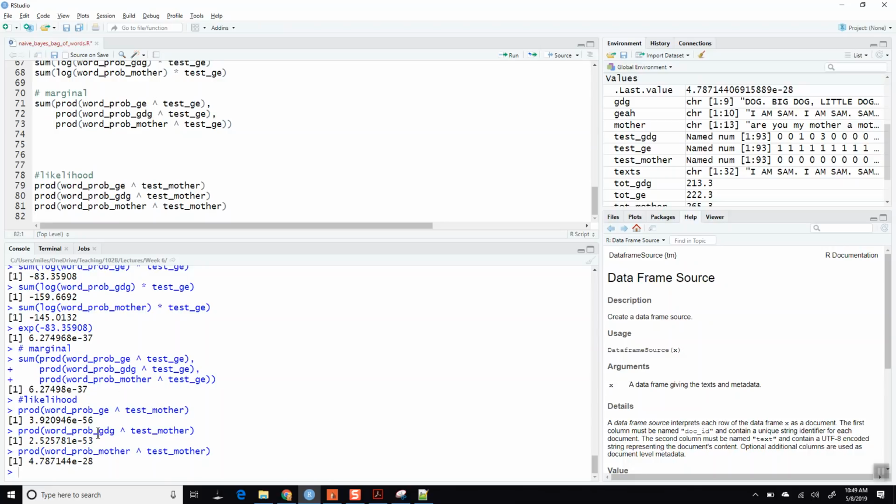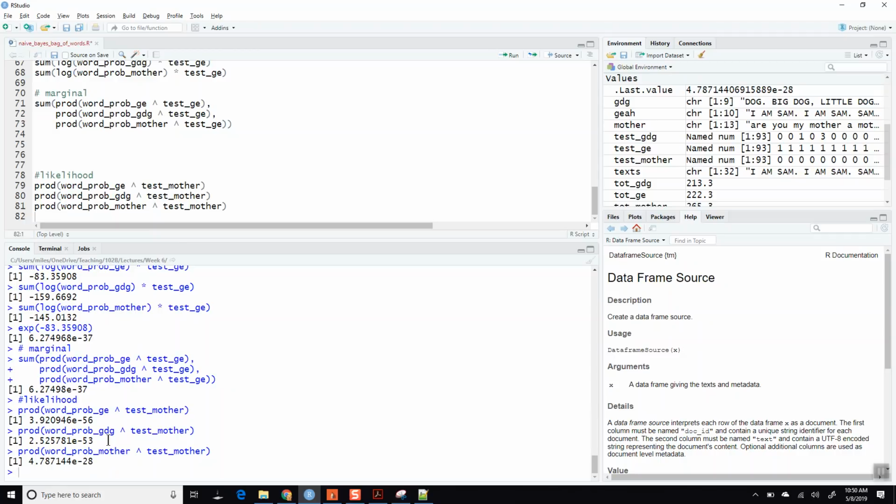When we plug it in for Are You My Mother, this one ends up on the order of 10 to the -28, which is still about 25 orders of magnitude more likely than the other classes. This is a little bit overly simplistic and a little bit extreme because the overlap between words is fairly low between the different classes.